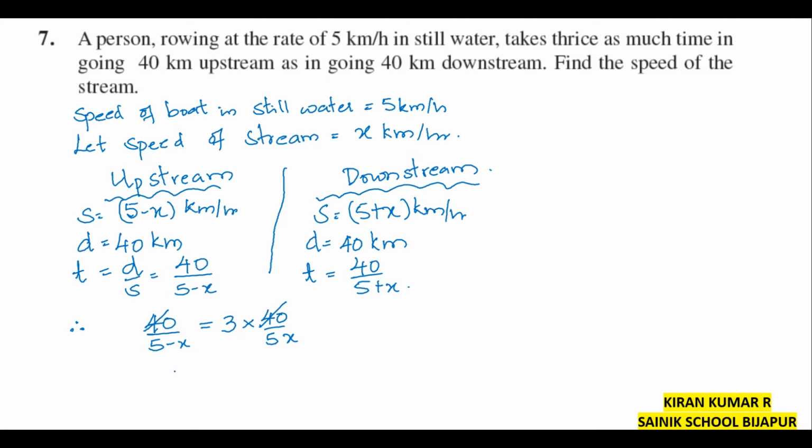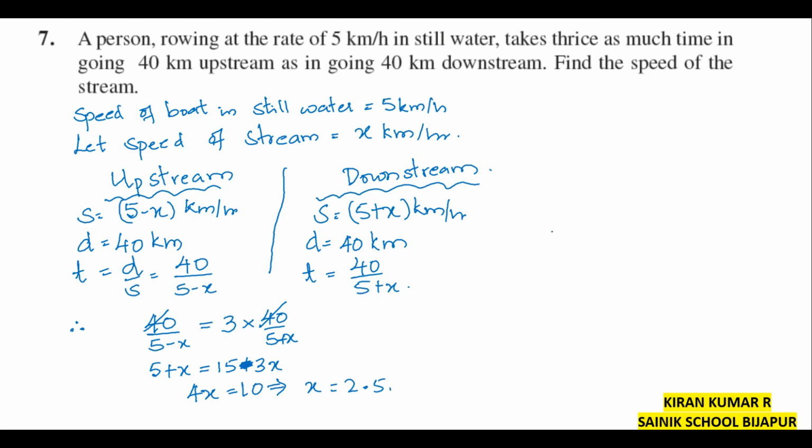By cross multiplying, we get 5 plus x equal to 15 minus 3x. Bringing terms together, we get 4x as 10, which implies x is 2.5.